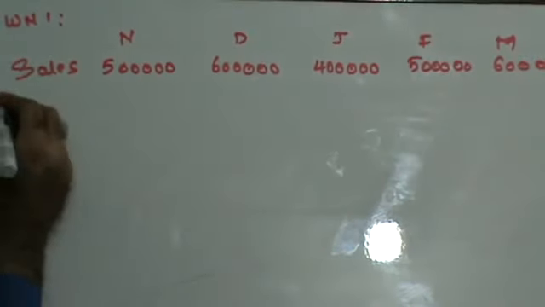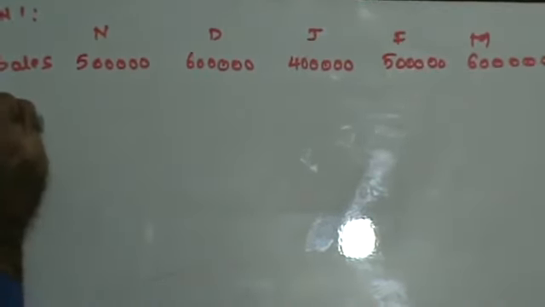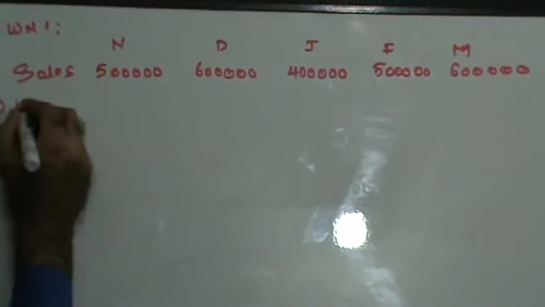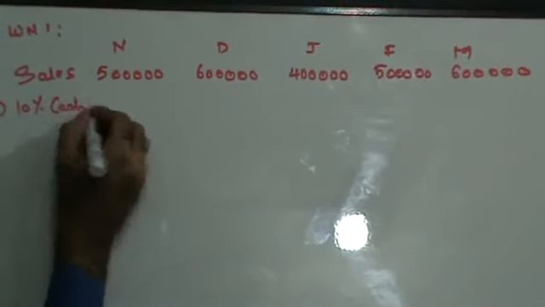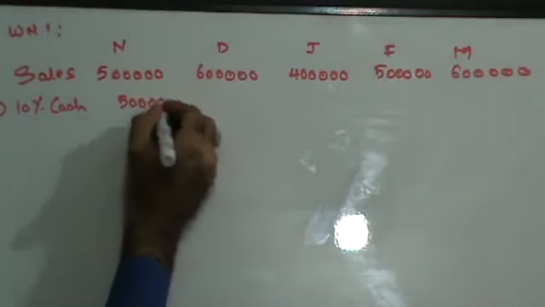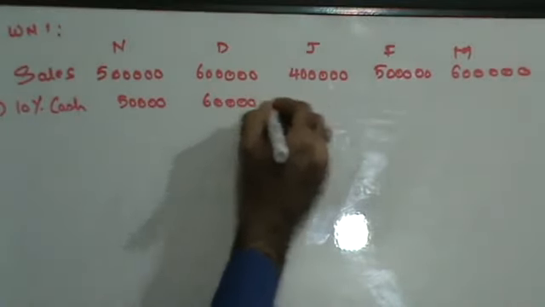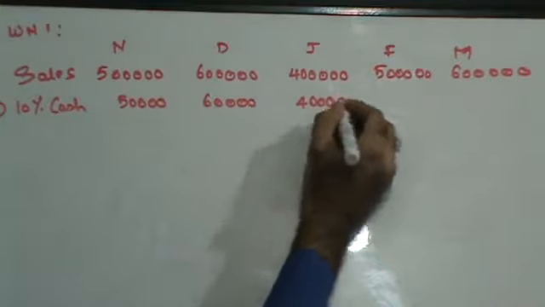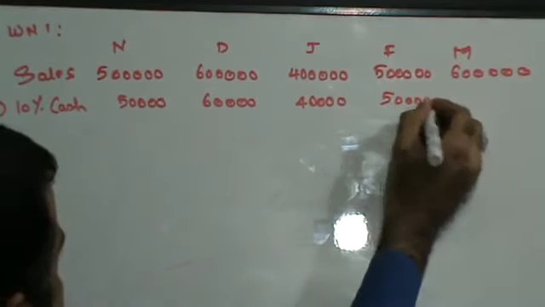Right? Next, they are saying that 10% of the sales are for cash. Less 10% cash. So that is going to be 50,000, 60,000, 40,000, 50,000, 60,000.